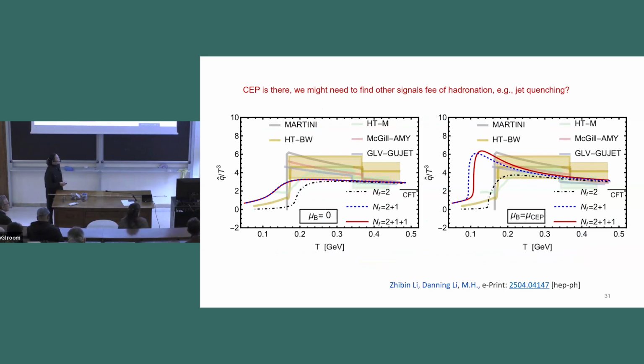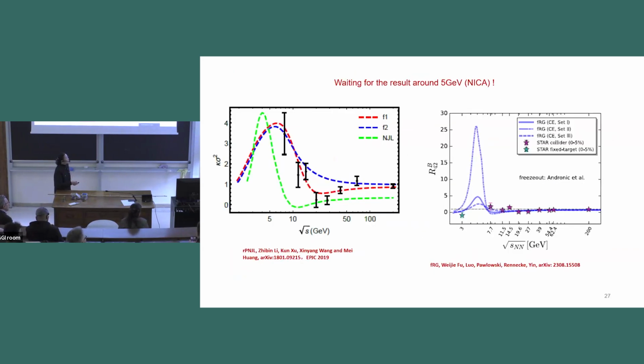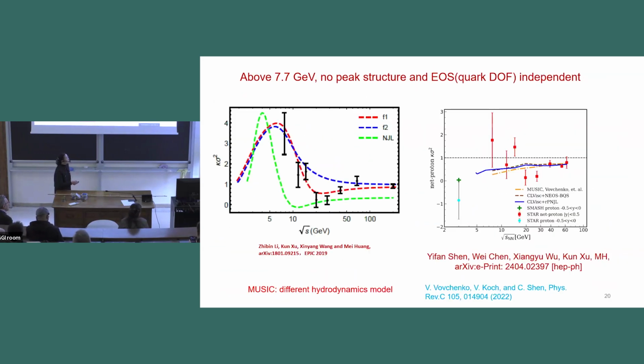One thing I didn't mention is that if you have a liquid-gas phase transition and you have a critical point here, the signature of a critical point for kurtosis is always the same as this one. This is a universal structure for the critical point.